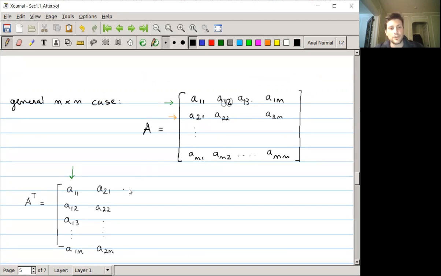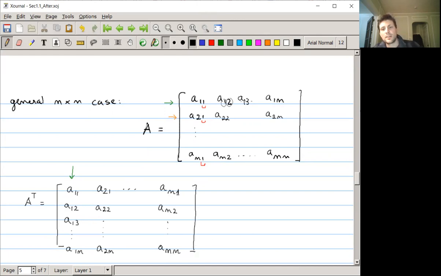And you start to see how this goes. In the matrix A, every column has constant second index. When I transpose that column, it becomes a row. So my first row will end with the entry An1 from matrix A. So all of the entries get swapped in places.